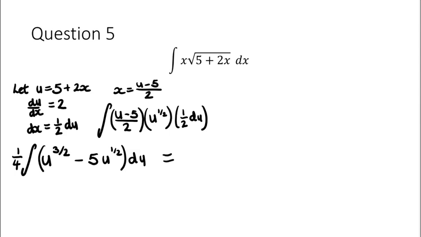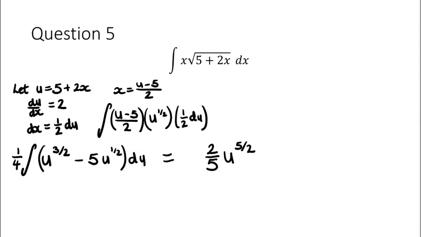Right, so I can integrate something that's hopefully a lot simpler now. So this u to the power of 3 over 2, add 1 to the power and divide by the new power. So dividing by 5 over 2 is the same as multiplying by 2 over 5.